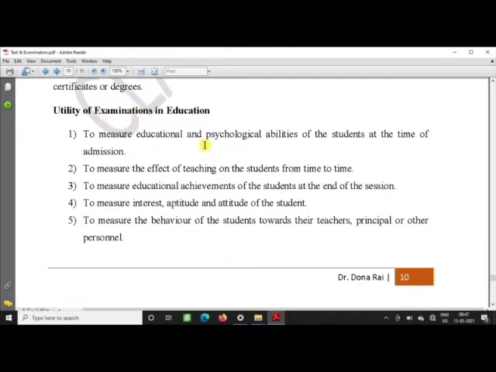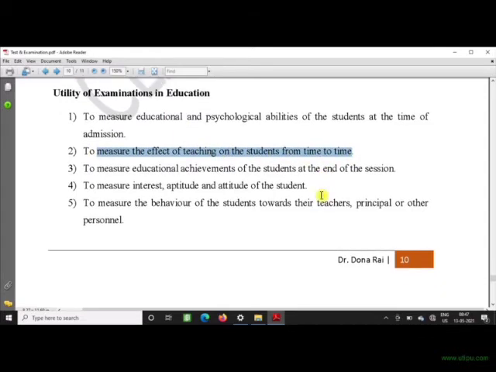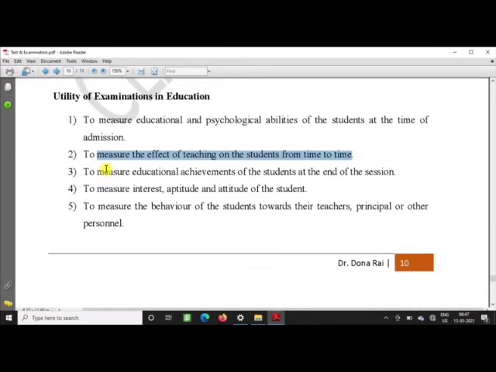For that, we undergo this examination to see whether the students, the applicants, are psychologically ready for that course, even if their marks are sufficient. To measure the effect of teaching on the students from time to time, after teaching a certain course or unit or chapter, you will examine them, you will test their ability.